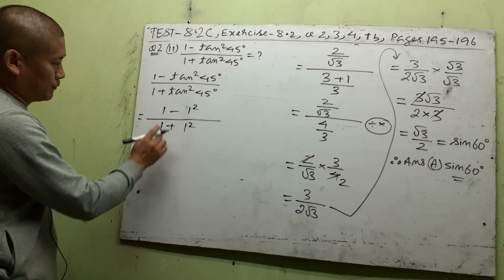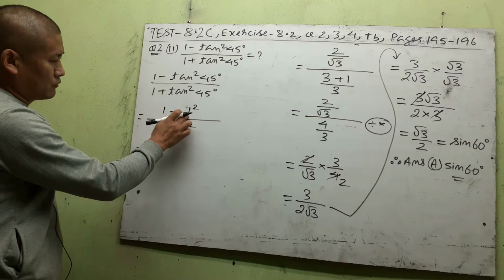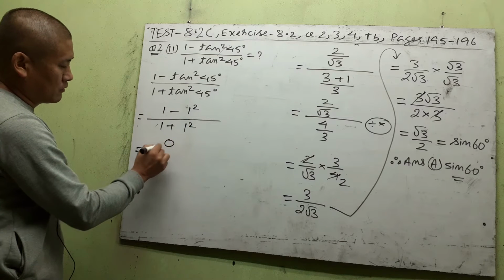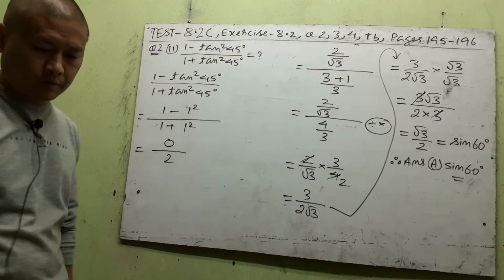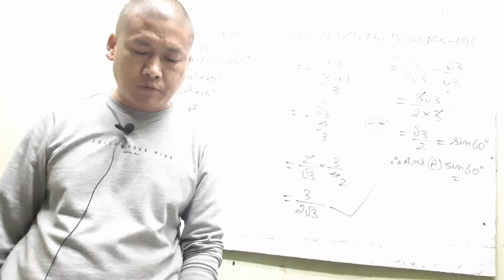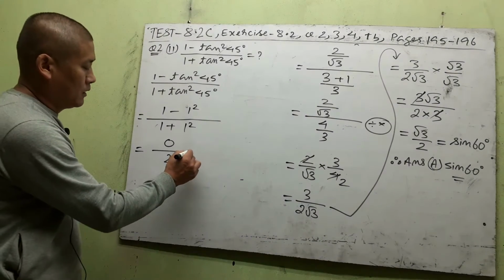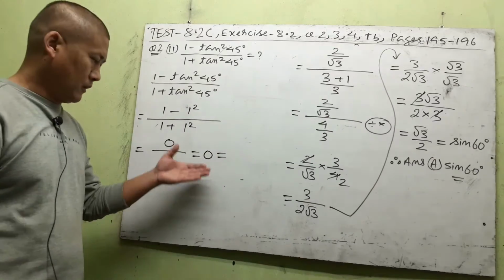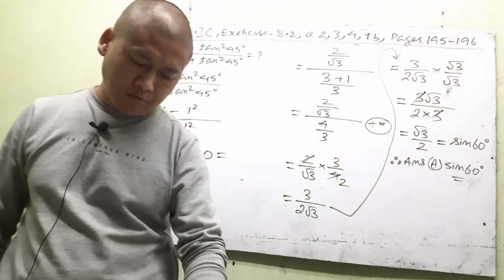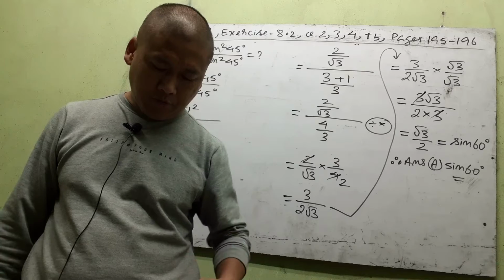Then you write here 1 minus 1 square is 1, so 1 minus 1 is 0, divided by 1 plus 1 is 2. So you're getting here 0 by 2, 0 divided by 2. And we know 0 divided by anything is 0. Right, 0 divided by 5 is 0, 0 divided by 7 is 0. So 0 divided by anything is 0.